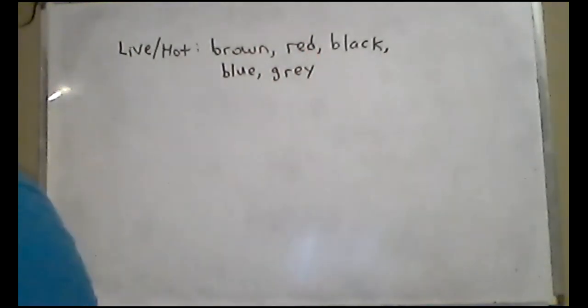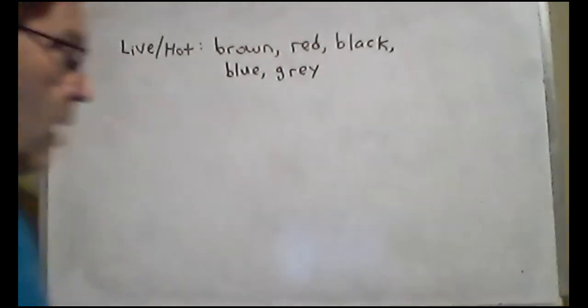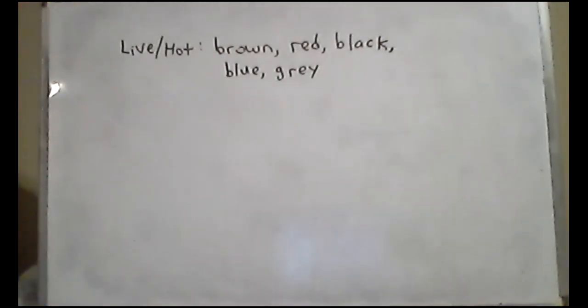Various colors that these wires have in various regions. I'm not really sure what the wire coloring scheme is here in the United States, but depending on where you are, you need to know what you expect your live or hot wires to be colored if you're going to do anything with electronics.